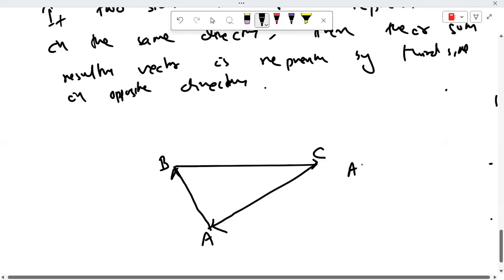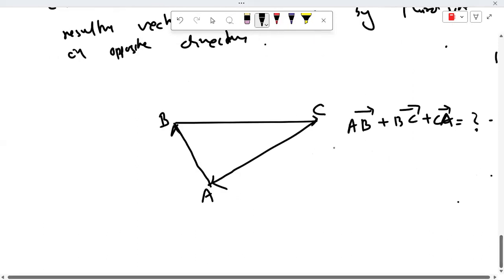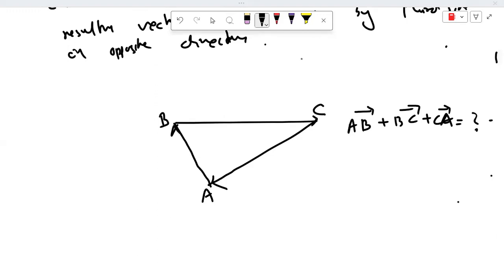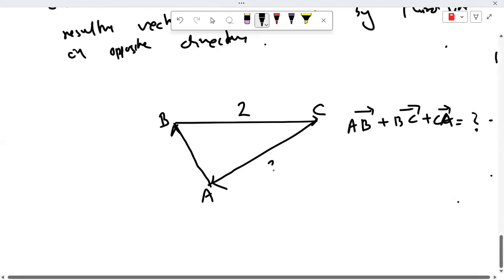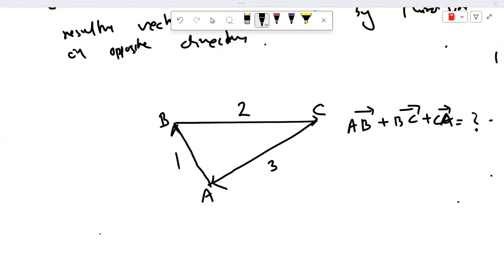Who can tell me what will be the value of AB plus BC plus CA here? Think about this. Okay, let me give you the values here also. This is 2, 3, and 1.